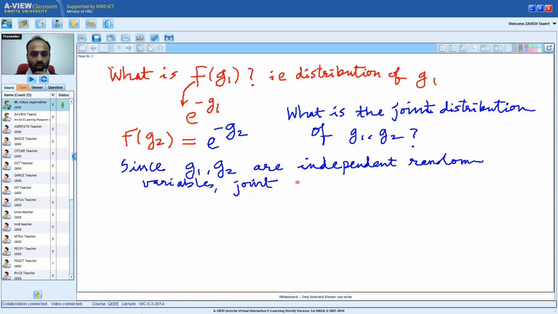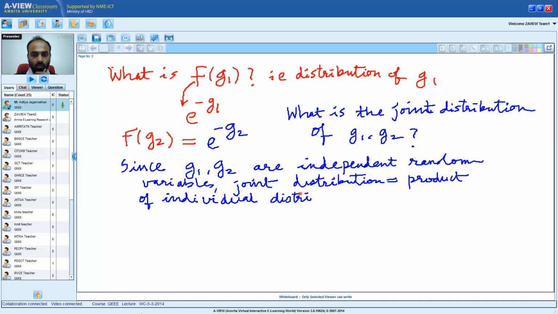Since G1 and G2 are independent random variables, the joint distribution is equal to the product of the individual distributions.